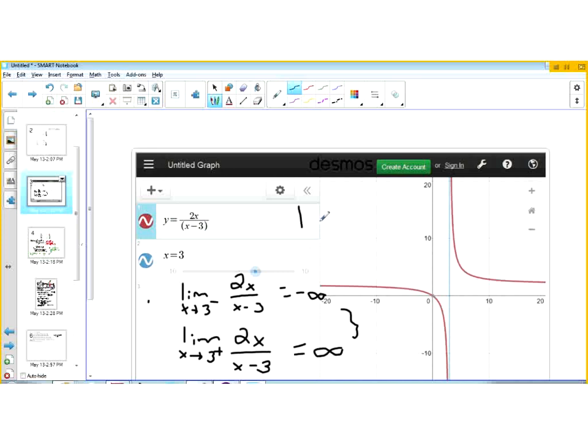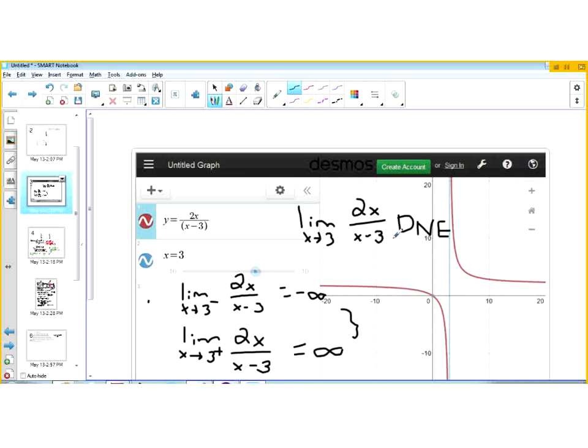So the takeaway is the limit as x approaches 3 of 2x over x minus 3 does not exist. But the left and right limits do exist.